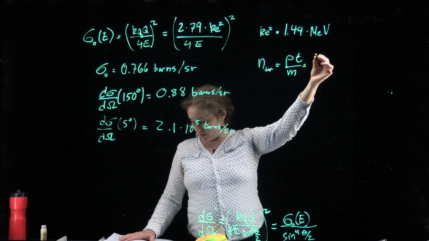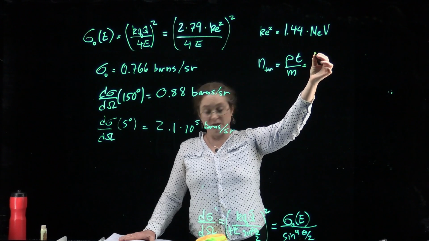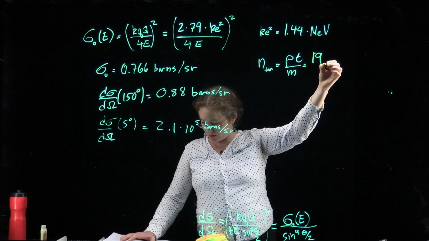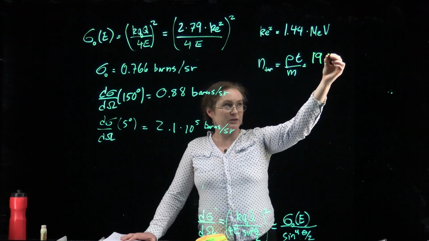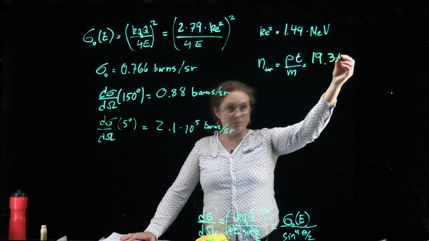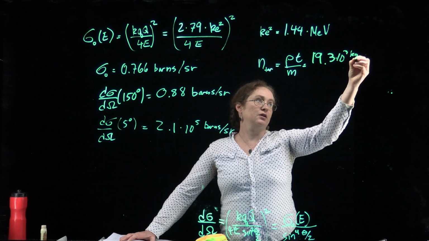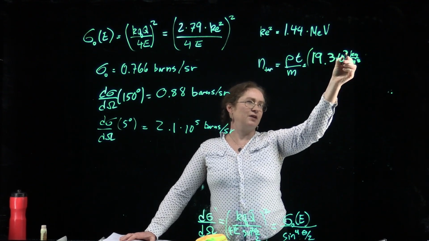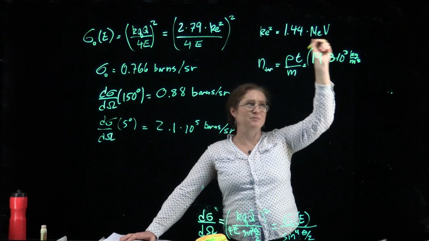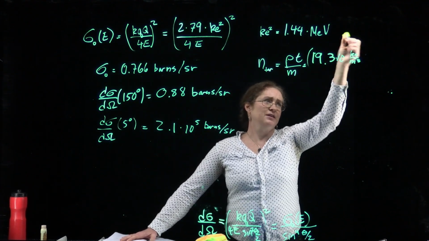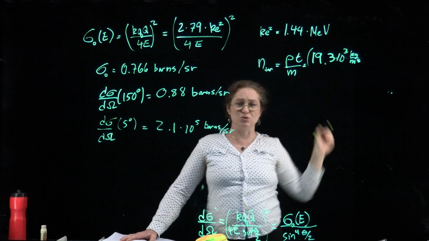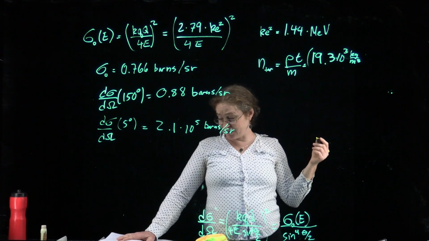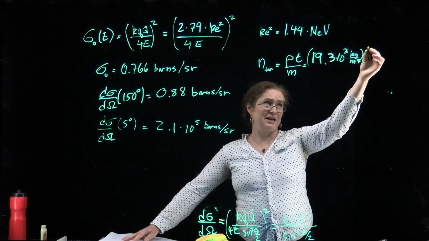And in the Marsden-Geiger experiments, you have a density of 19.3 times 10 to the third kilograms per meter cubed. These densities and the fact that you always get things by times 10 to the third, this is why chemists tend to use CGS, or centimeters, grams, seconds, instead of MKS, meters, kilograms, seconds.